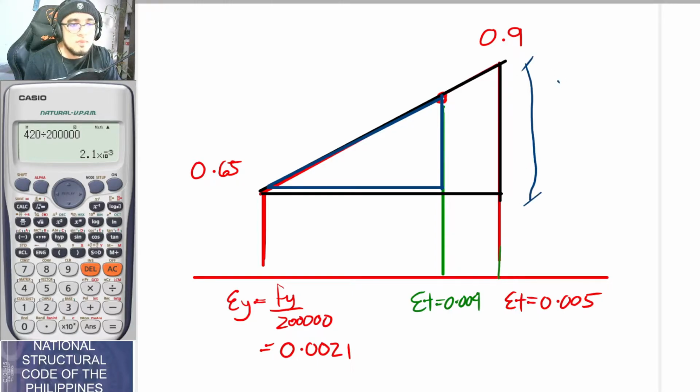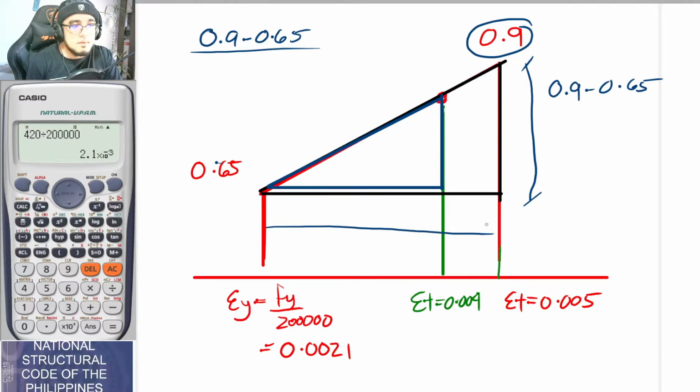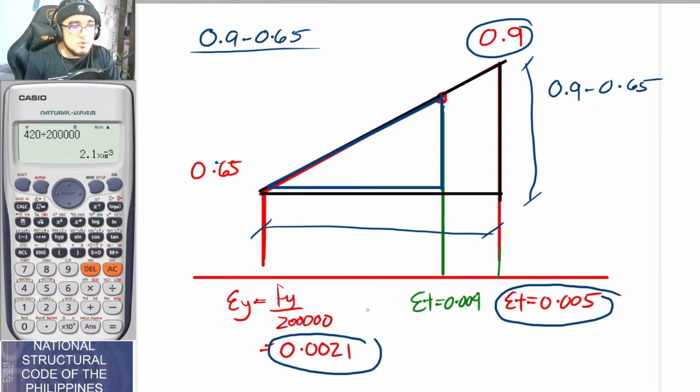That is 0.9 minus 0.65, that is the numerator, divided by the run, which is 0.005 minus 0.0021.